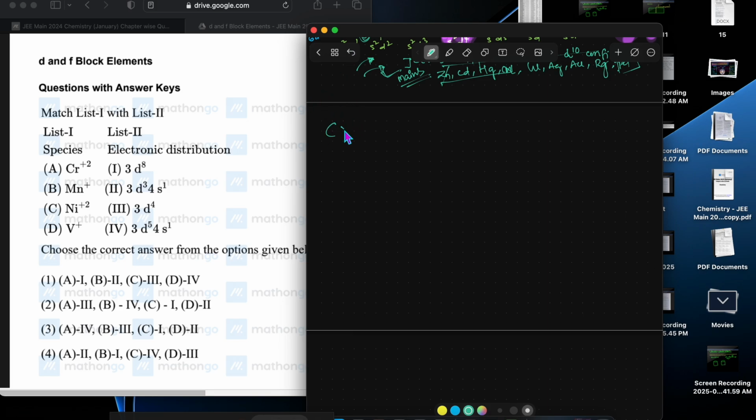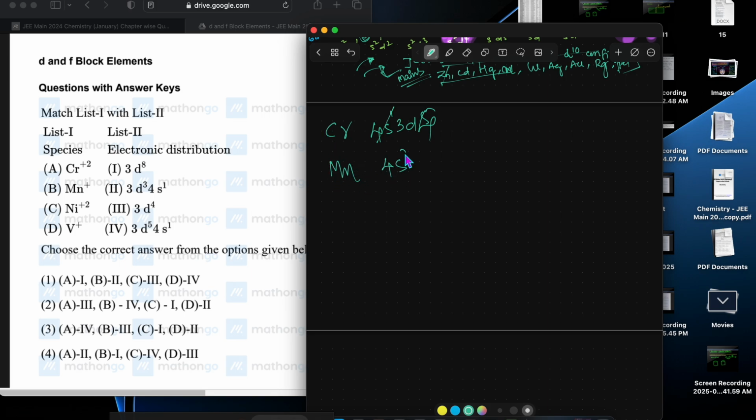So chromium is 4s1 3d5. సో chromium +2 అన్నాడు కాబట్టి ఇక్కడికి వెళ్ళి ఒకటి, ఇక్కడ D4 అవుద్ది, అంతేనా? సో 3d4 ఇక్కడ ఇది ఉంది, A3 అమ్మ. A3 ఒకటే ఆప్షన్ ఉంది. బట్ యూ కెన్ ఆల్సో చెక్ అదర్ వన్.